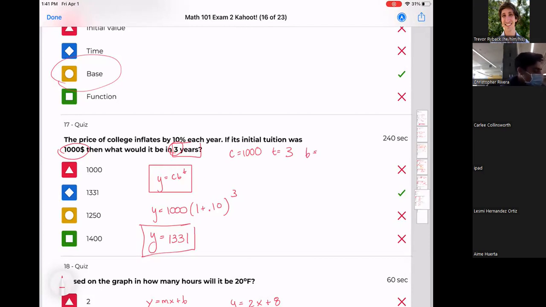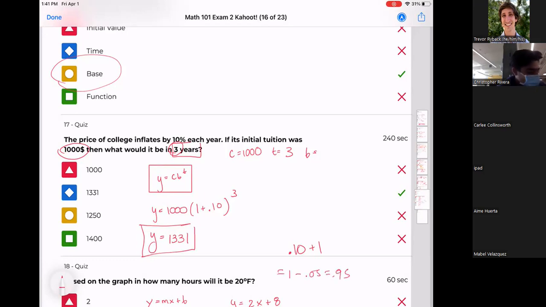I know it says 10%, so you may have been tempted to just multiply by 0.10. But since it's inflating, that's an increase. So when there's inflation, we're going to want to add 1. Remember where it said decrease and I did 1 minus 0.05 and got 0.95?